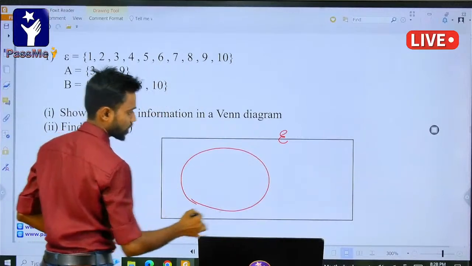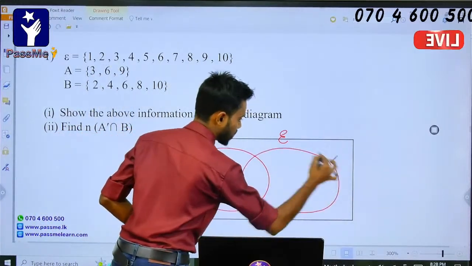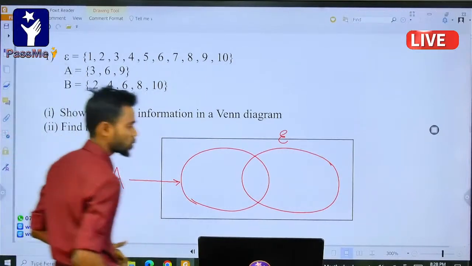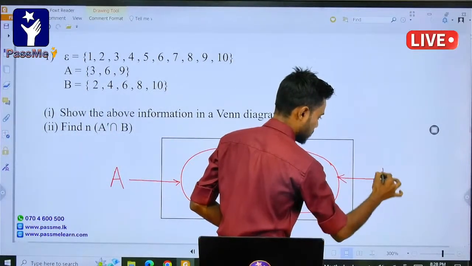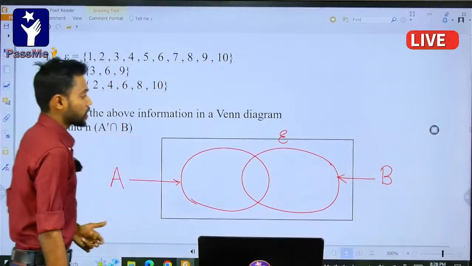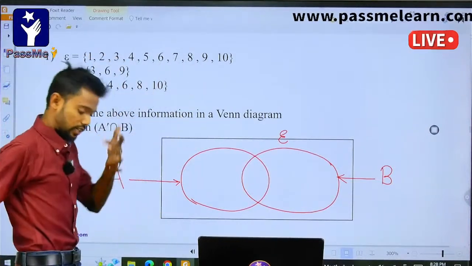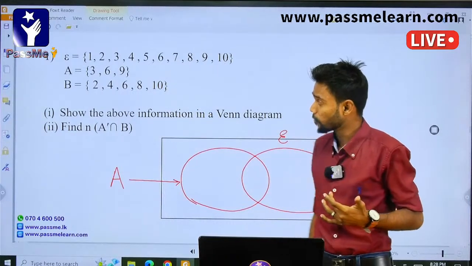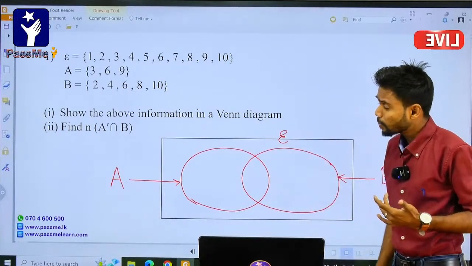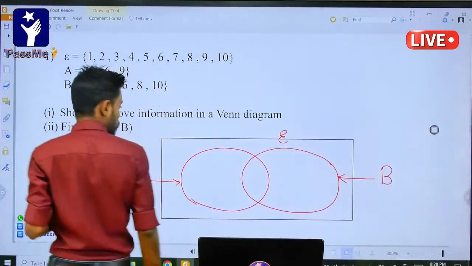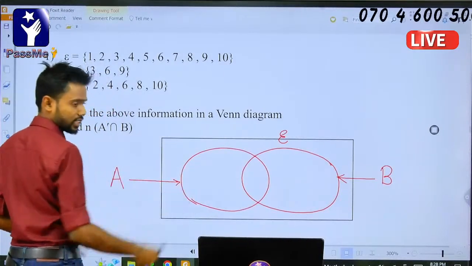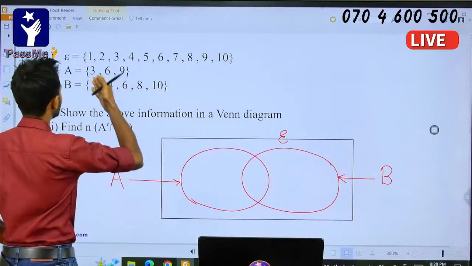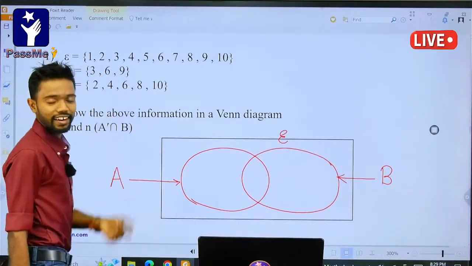First one circle, and another circle for B, and I will name this capital A and this capital B. Now you know that the 10 numbers from 1 to 10 are allocated to epsilon. Now I want to insert the given numbers of capital A, as mentioned here: 3, 6 and 9.